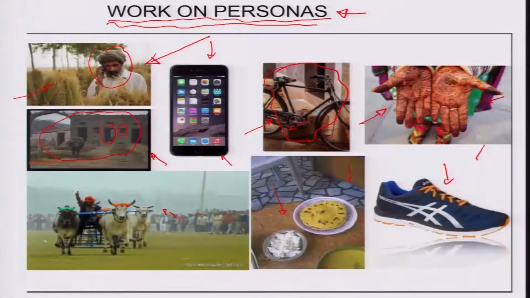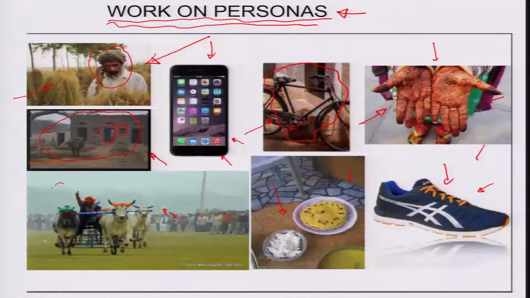And so, the story built up around this image by a group of students was that this person is in a very poor state, but he aspires to achieve some things, for example, get his daughter married, or buy a shoe for himself, or buy probably a cell phone.